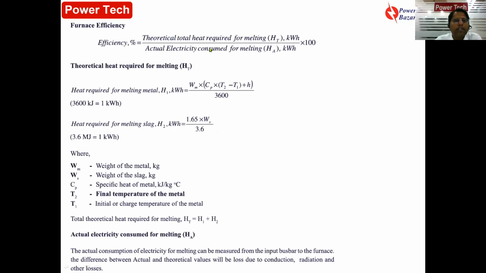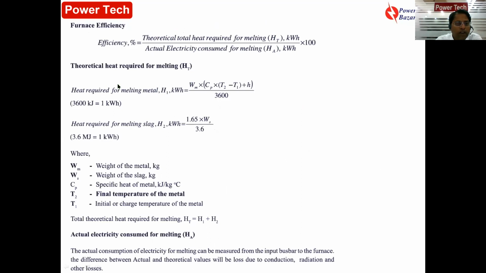So the actual electricity consumed for melting will be higher. Why? Because of the losses in the furnace. There are various types of losses which we'll discuss today, due to which furnace efficiency is low. So furnace efficiency is the theoretical heat required for melting divided by the actual energy or actual electricity consumed in kWh.